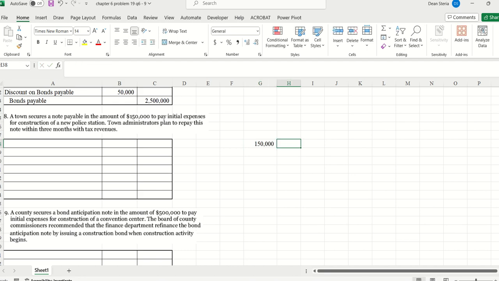$1,000 note payable. So we're going to come over here, and again, we're going to start off in the Capital Projects Fund.